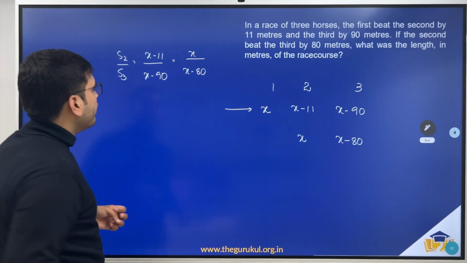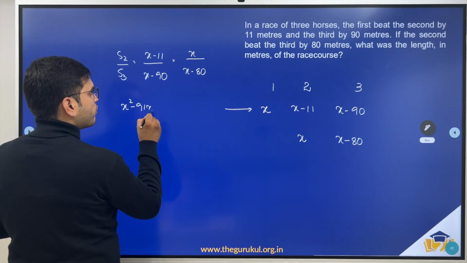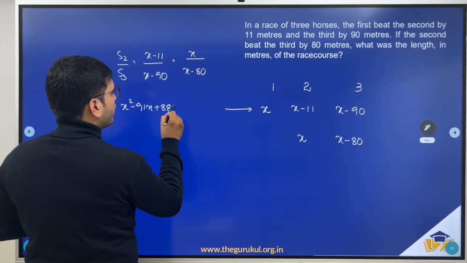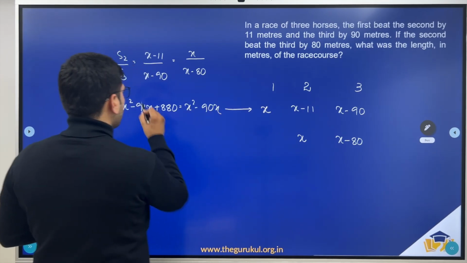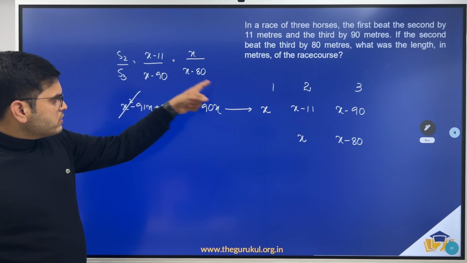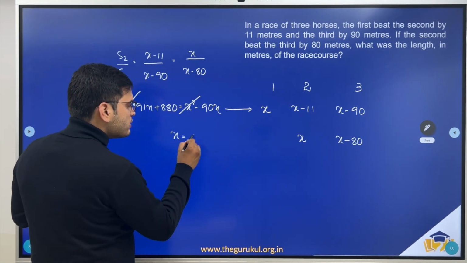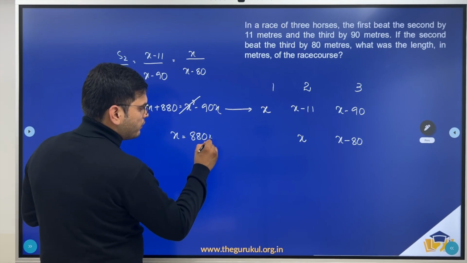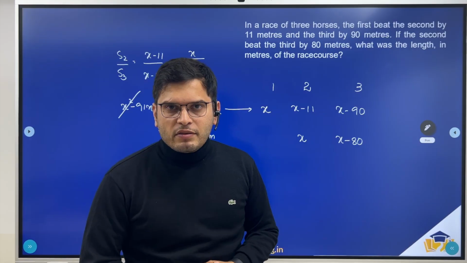Simply cross multiply. So what do we have? x square minus 91x plus 880 is equal to x square minus 90x. So these two will get cancelled. Sending 91 to right hand side, 91 minus 90, x is equal to 880 meters. So the length of the race course is 880 meters.